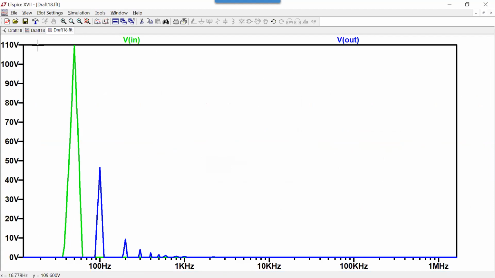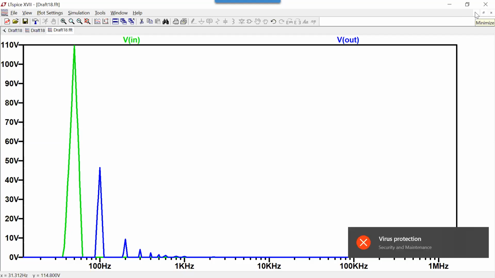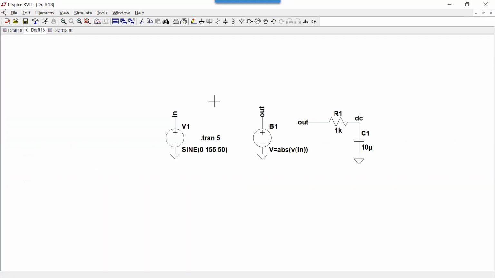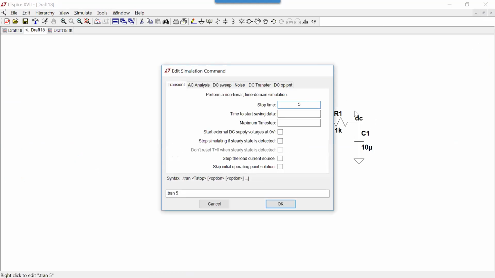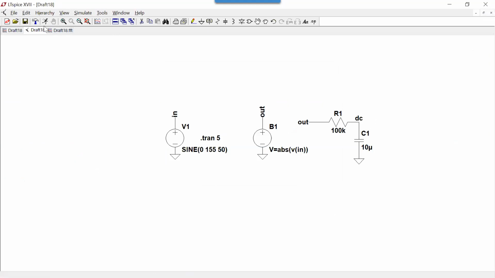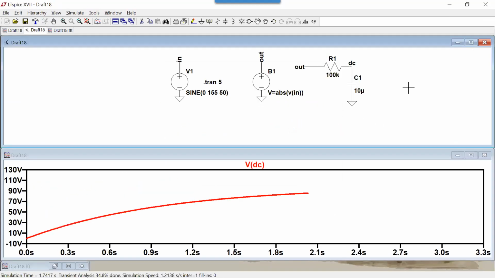We keep moving that corner frequency closer and closer to this, and more ripple is getting through. So we've got that.